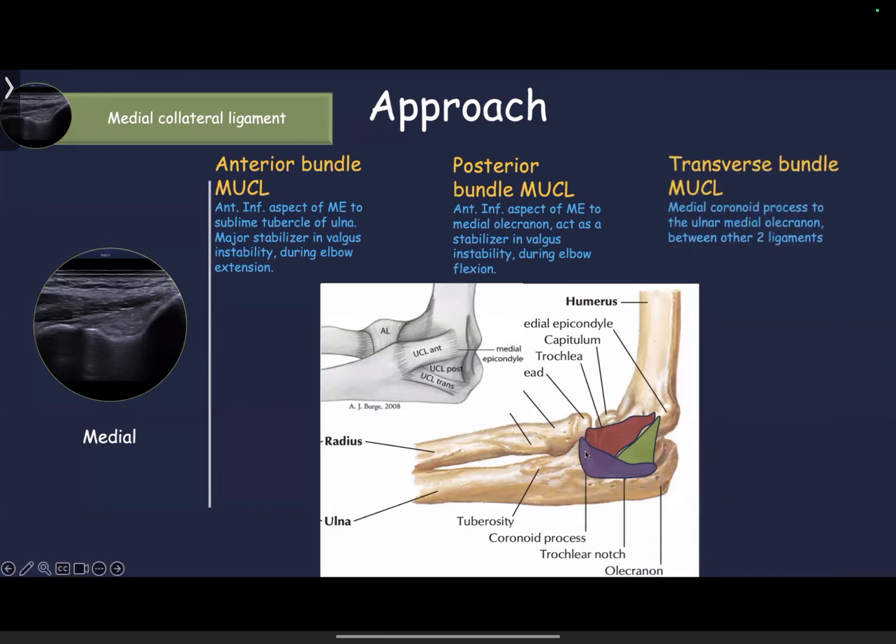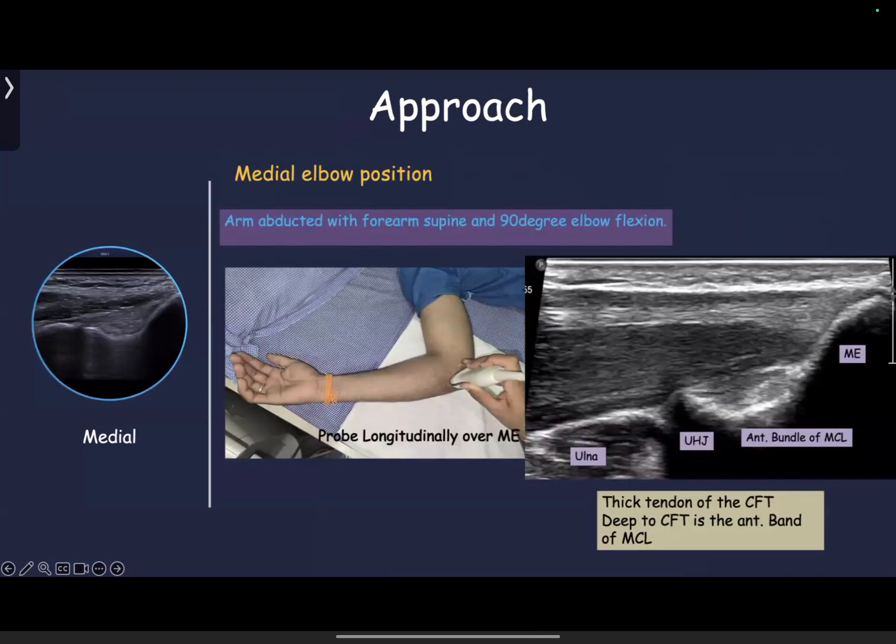Then we have the transverse bundle of the medial ulnar collateral ligament. Basically it runs from the coronoid process toward the ulnar medial olecranon, between these two bundles.